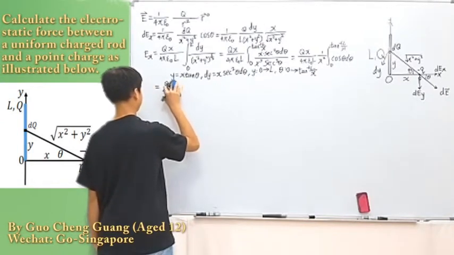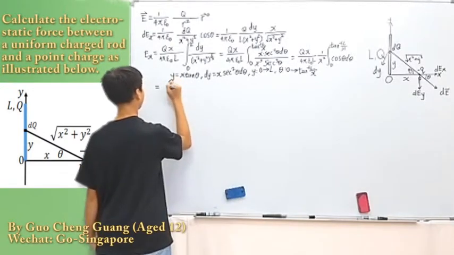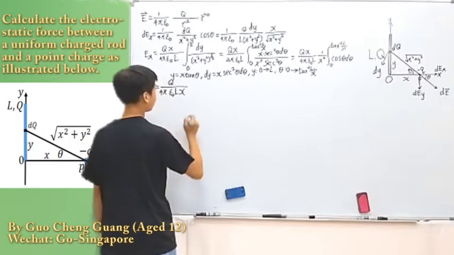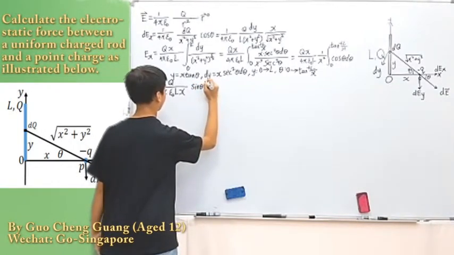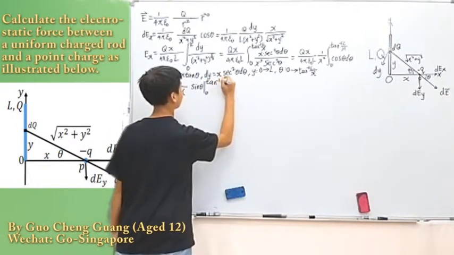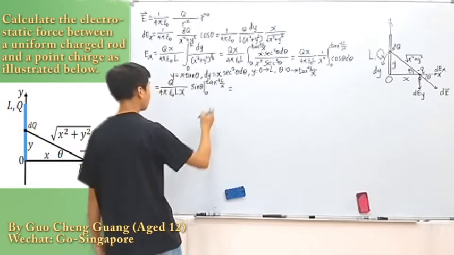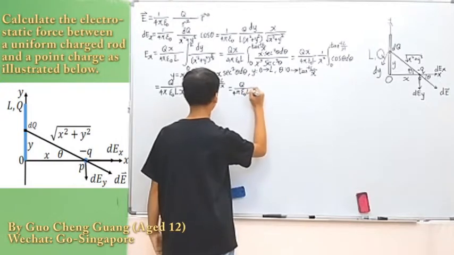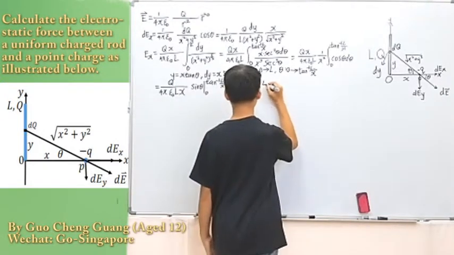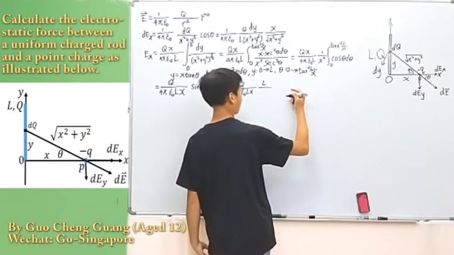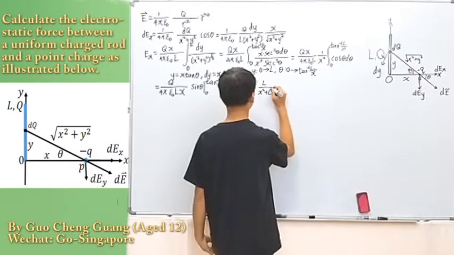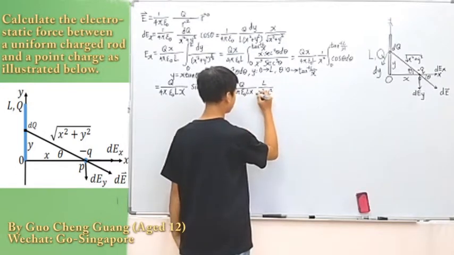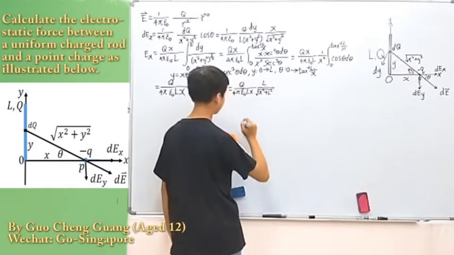So this part we can simplify. Firstly, the opposite will be L, over the hypotenuse, which by the Pythagorean theorem is the square root of x squared plus L squared. Alright, so this is one part.